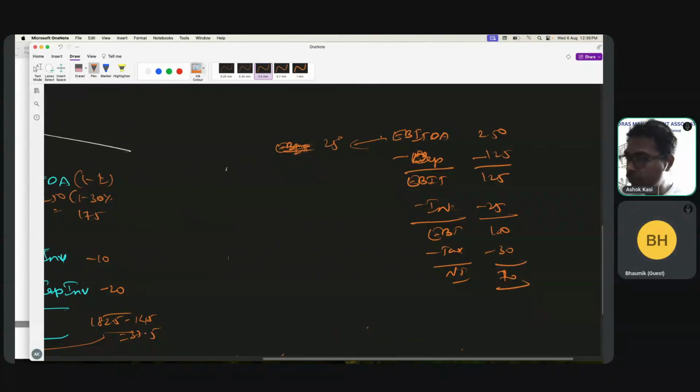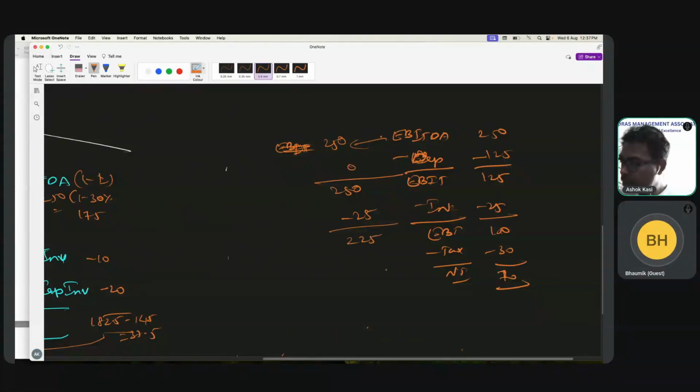It would have been 250. Depreciation would have been 0. This would have been 250. Interest is not the concern over here, so let me take it as it is. Interest I'm paying, then check how much it comes to: 225.